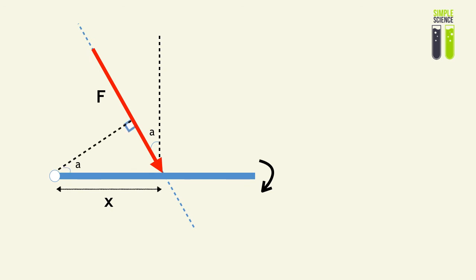So look at it. The force F acts at a distance of x from the pivot, but at an angle of A from the vertical. Now, we want to find the perpendicular distance from the pivot of the line of action of the force. Remember.